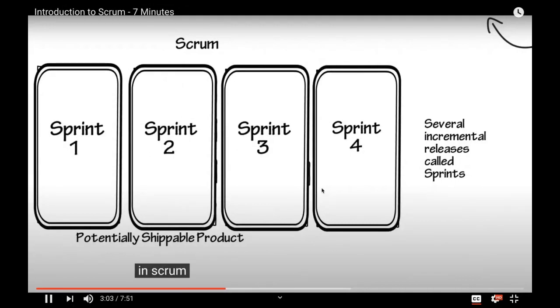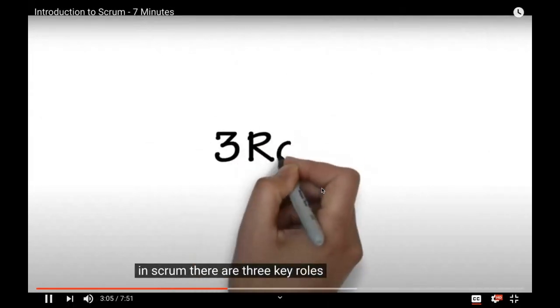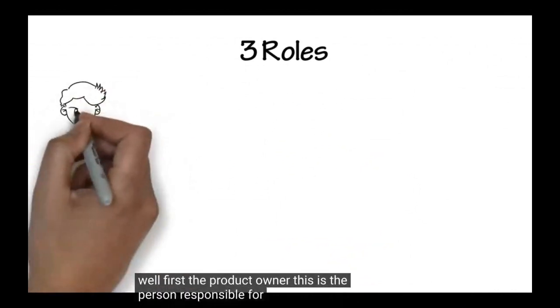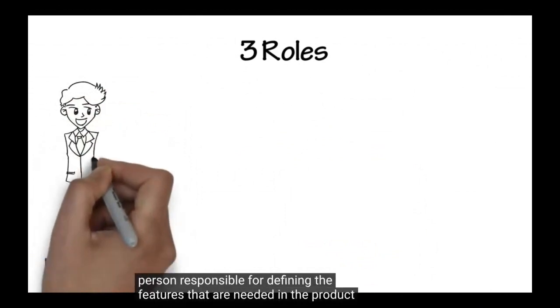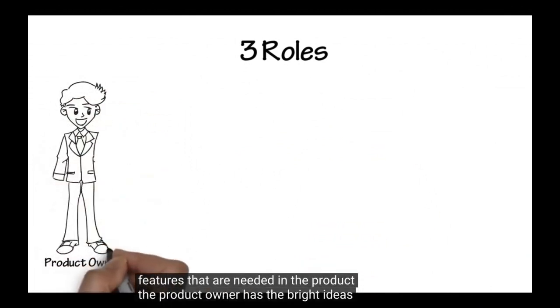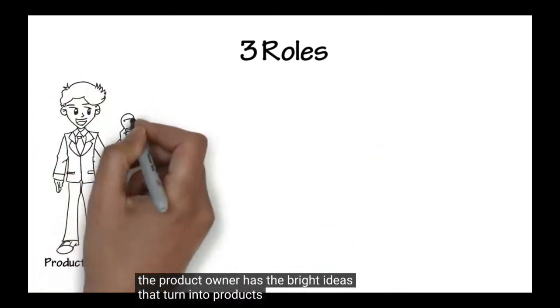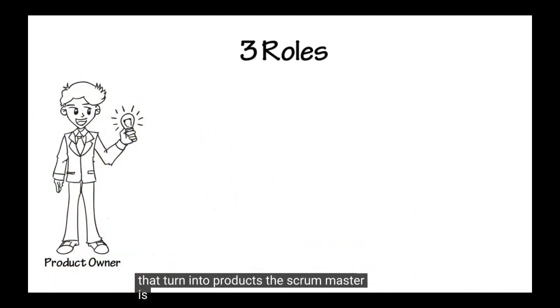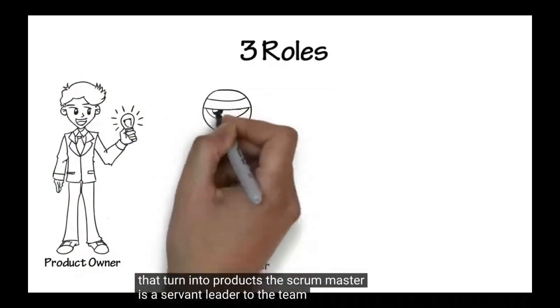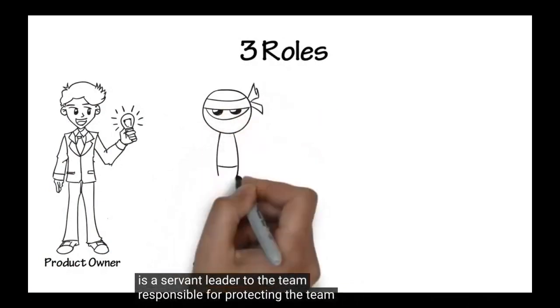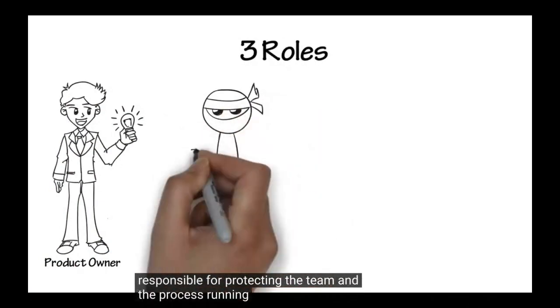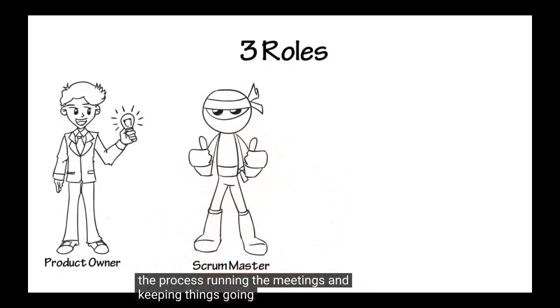In Scrum, there are 3 key roles that are needed for the framework to work well. First, the product owner. This is the person responsible for defining the features that are needed in the product. The product owner has the bright ideas that turn into features. The Scrum Master is a servant leader to the team, responsible for protecting the team and the process, running the meetings, and keeping the team going.